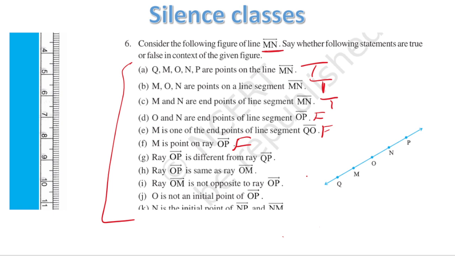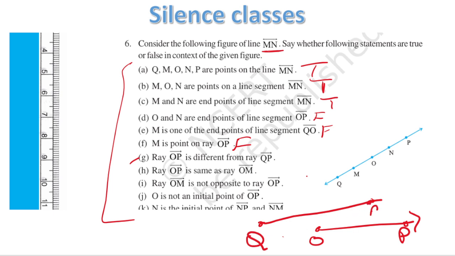Okay, now ray OP, we are talking about O and P. Ray OP is different from ray QP. OP is like this, and for Q and P, QP is like this.